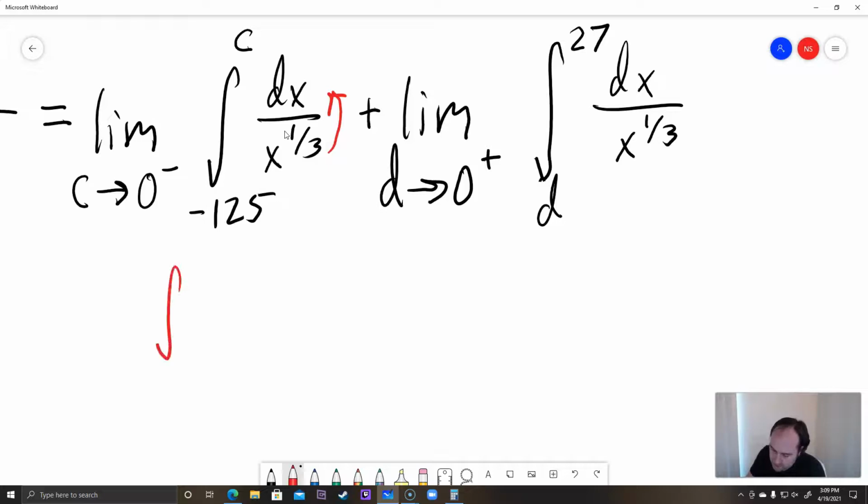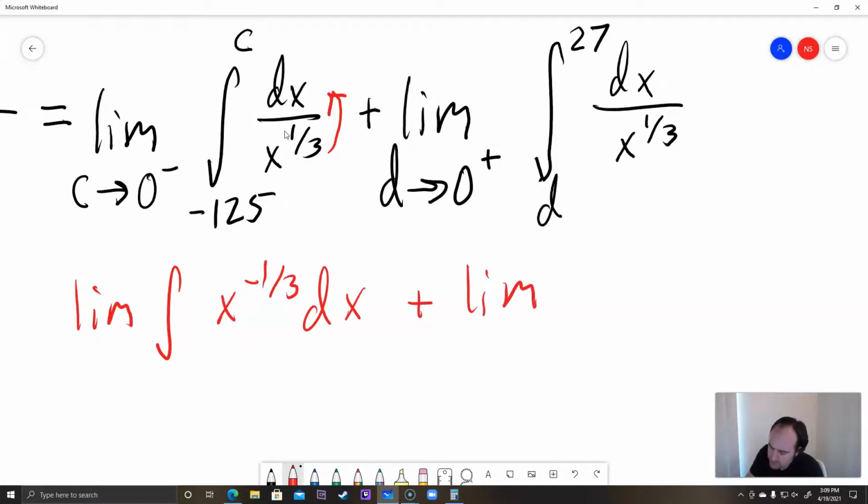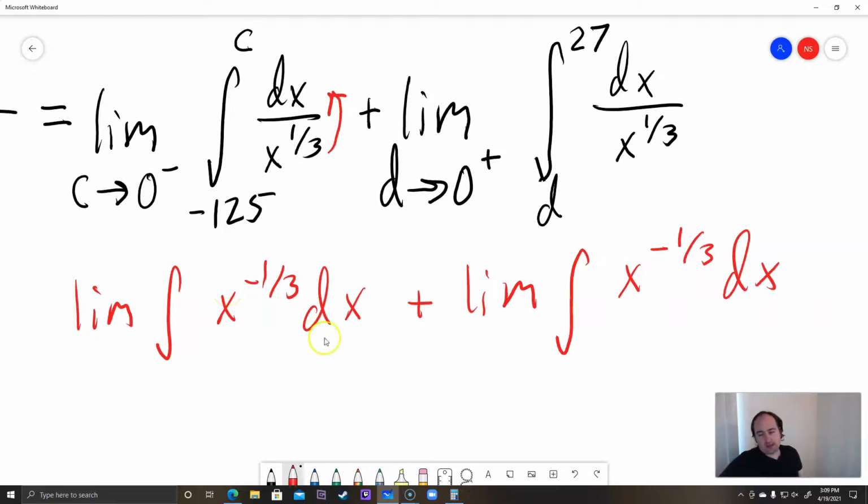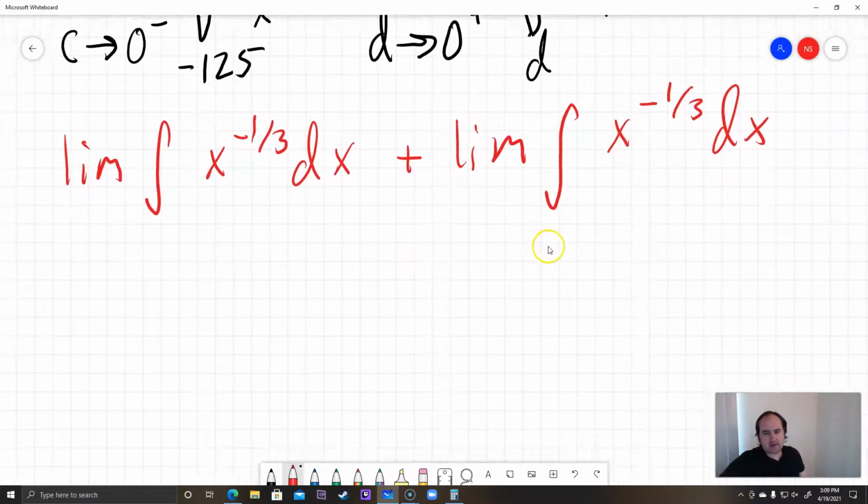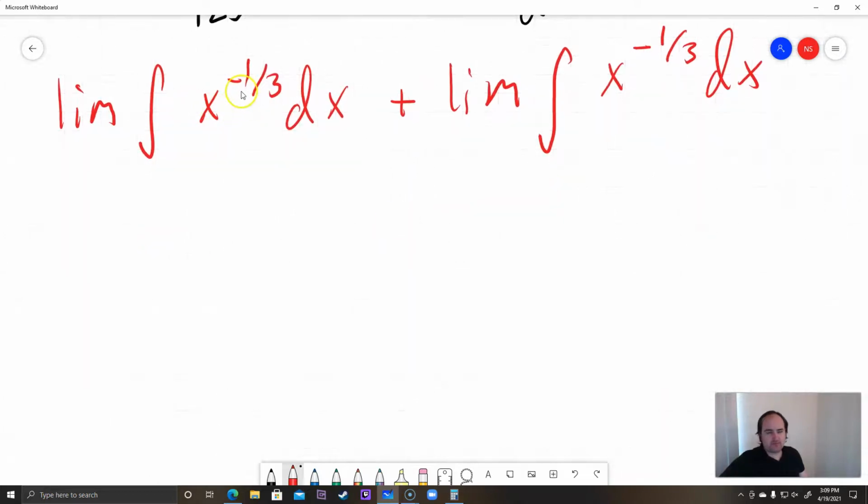So we've got the limit of the integral of x to the negative 1/3 dx plus another limit of an integral of x to the negative 1/3 dx. There we can just use the power rule: we add 1 to the exponent and divide by the new exponent. So what is negative 1/3 plus 1? That's the same as 1 minus 1/3, which is 2/3.